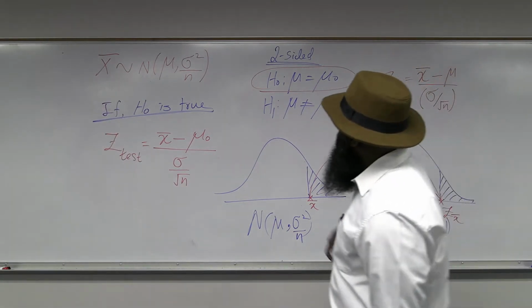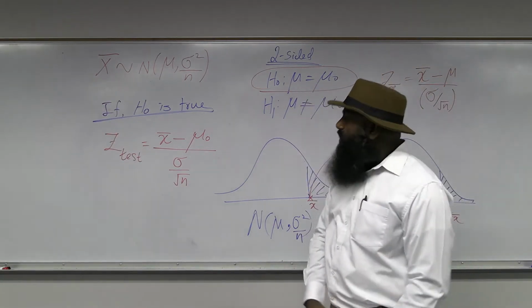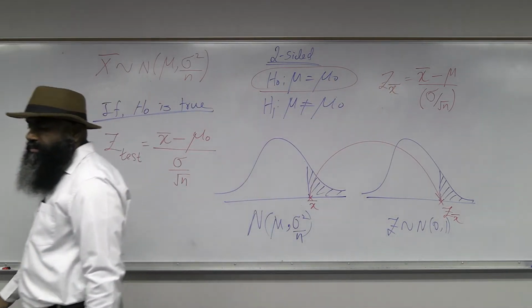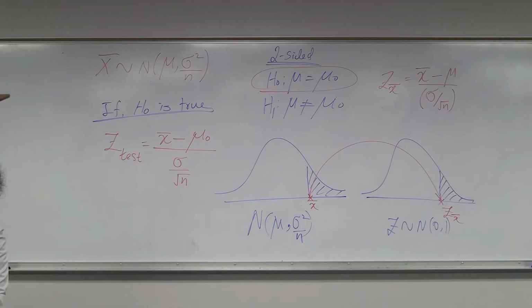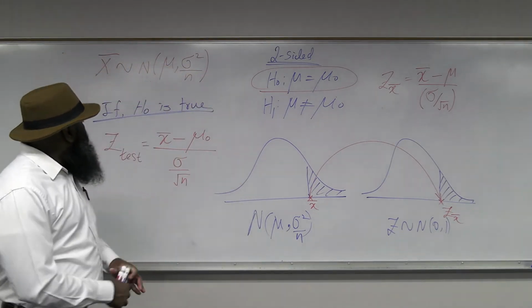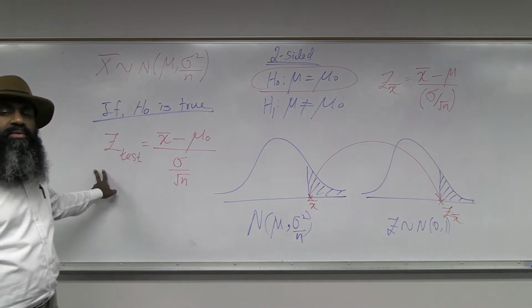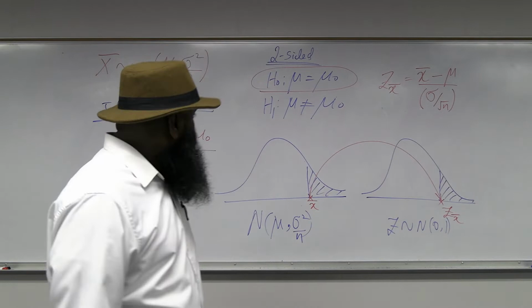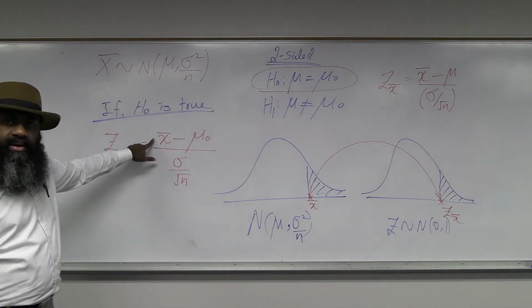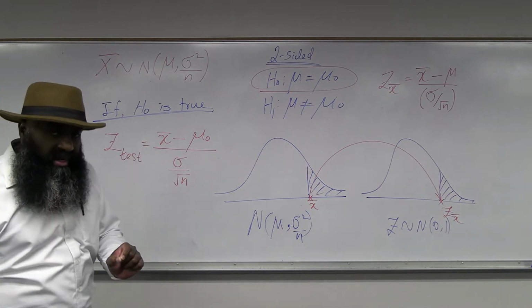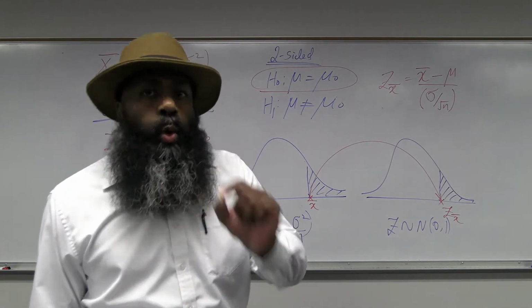If your null hypothesis is true, what can you say about this statistic? I argue this way. If my null hypothesis is true, this statistic should be approximately equal to 0. Why? Because I know x bar is the sample mean. Sample mean is the point estimate for the true population mean mu.